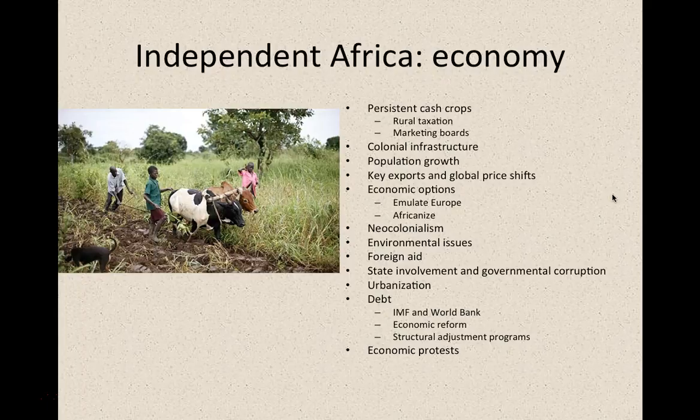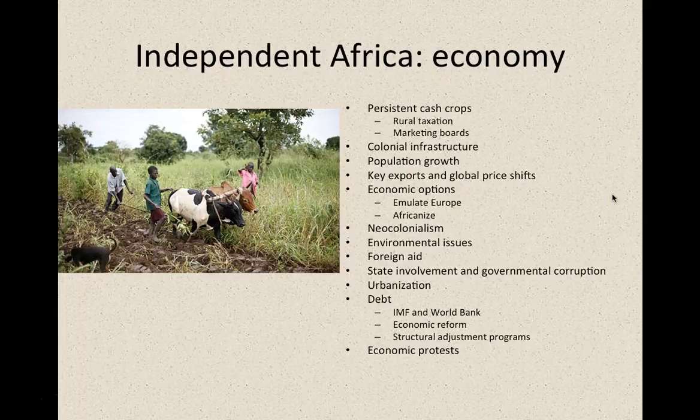The acronym for this is SAP, Structural Adjustment Programs. These were the programs worked out by the IMF, and they were the terms to which they held their potential African customers.